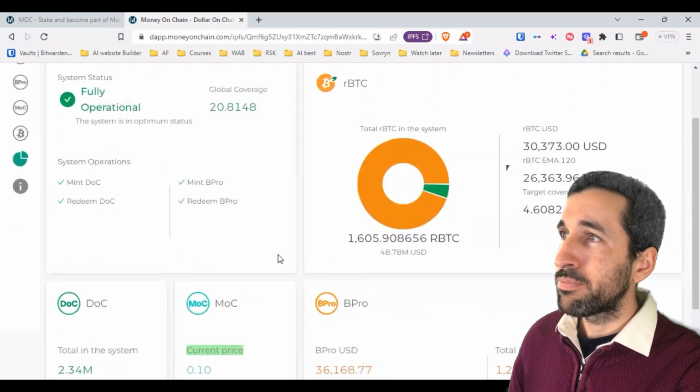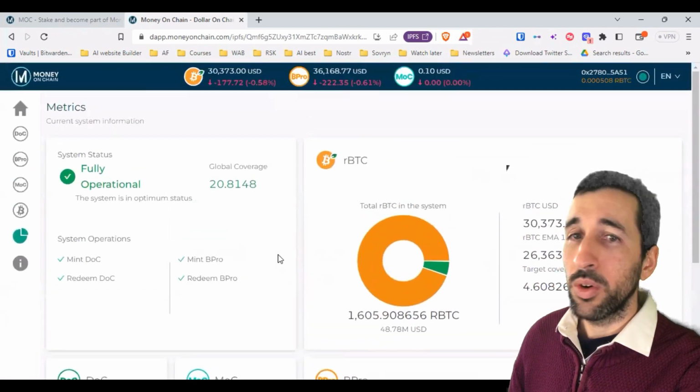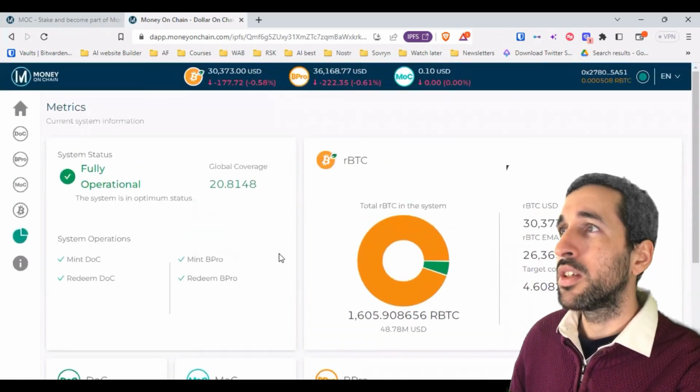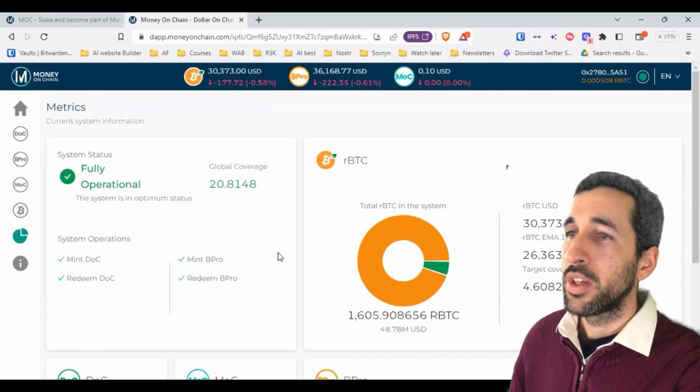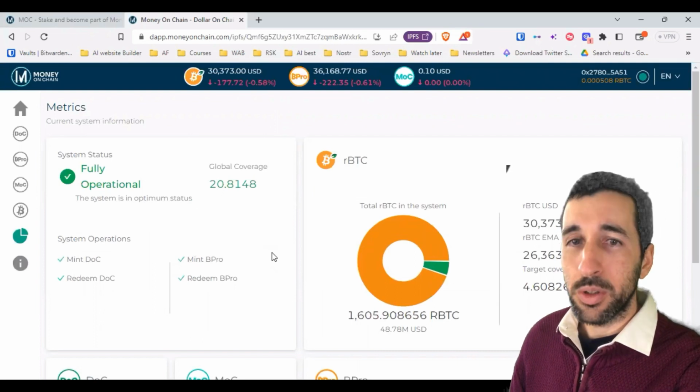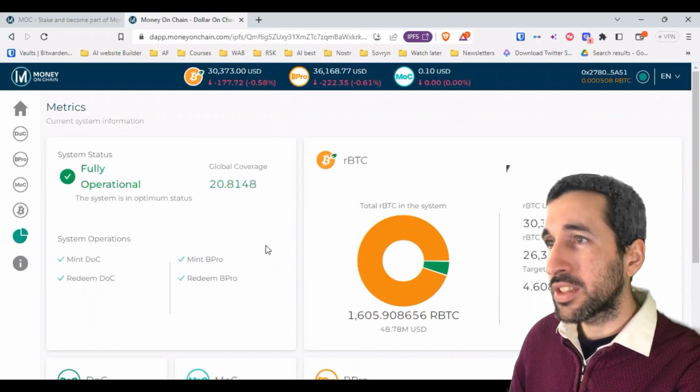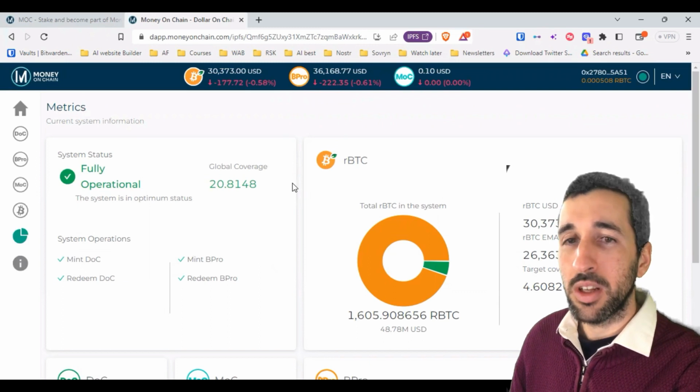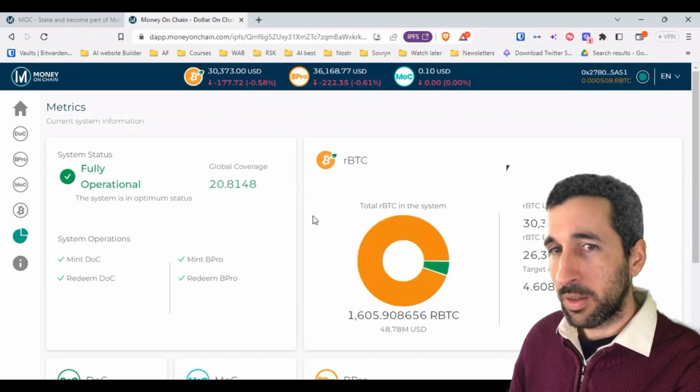This is a very quick overview of what the MoC token does for you. The easiest way to think of the MoC token is like investing in the protocol, in the Money on Chain protocol itself, right?